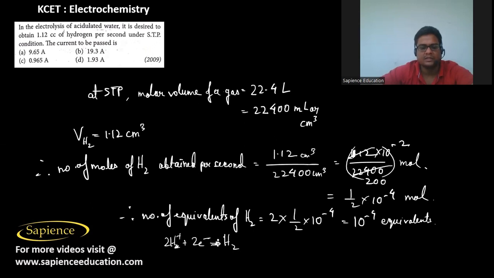So the valency factor for hydrogen is 2 here, since 2 electrons are involved. And as we know, the number of equivalents is equal to the valency factor times the number of moles.